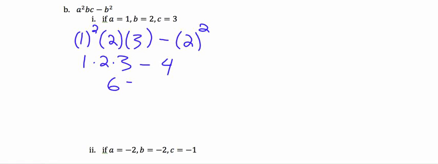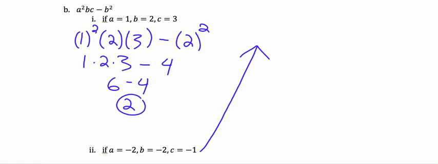Multiply first, and then subtract. Now, the negative sign one is definitely trickier. I'm going to do that work up here, but you can feel free to do it below the problem, certainly. So this time I'm plugging in negative 2, negative 2, and negative 1.